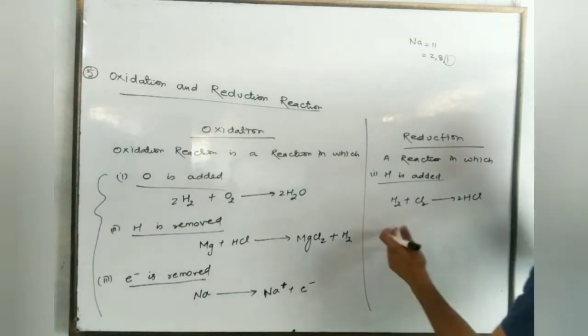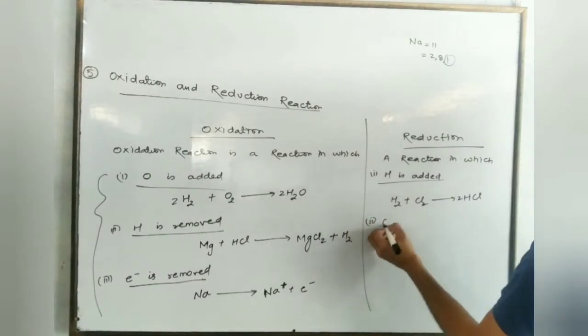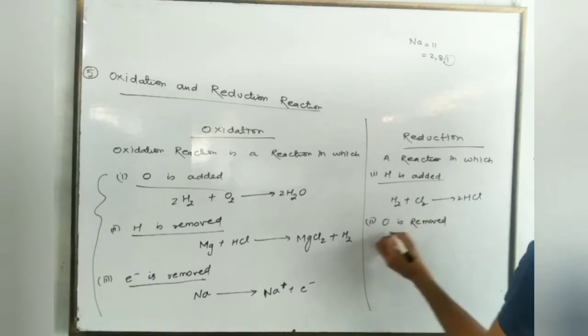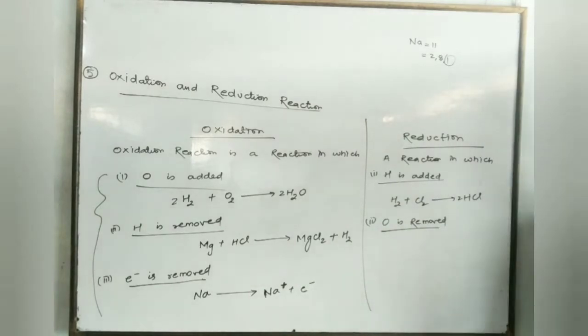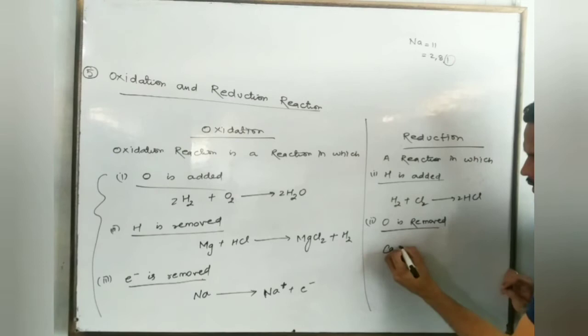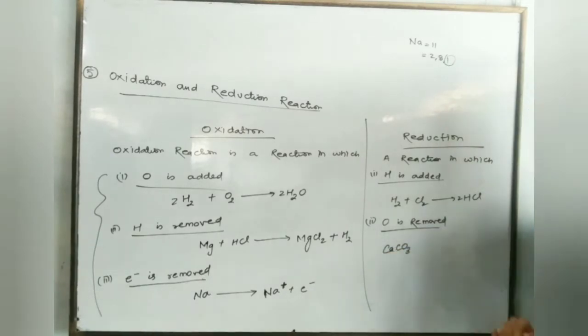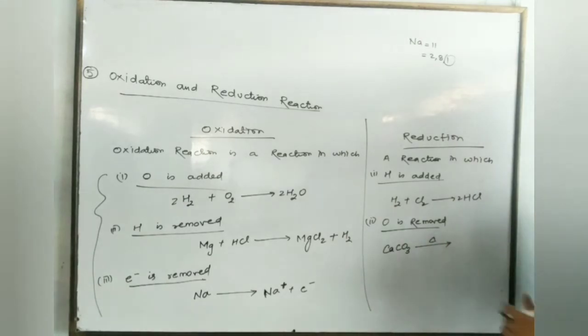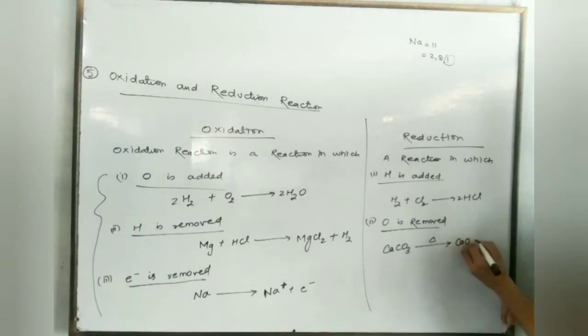Okay. So for the second point, when oxygen is removed. For example, if we have calcium carbonate, after heating, calcium oxide and carbon dioxide gas are obtained.